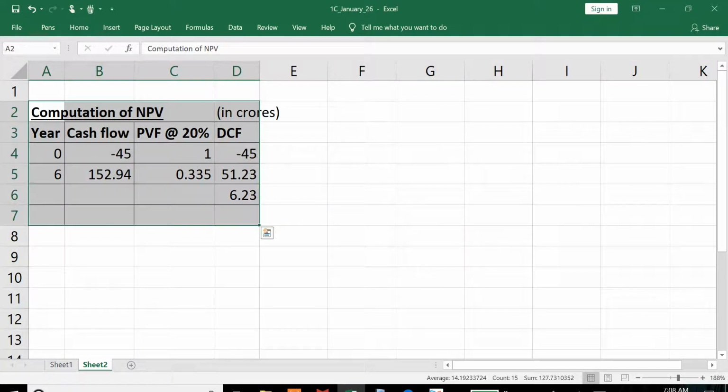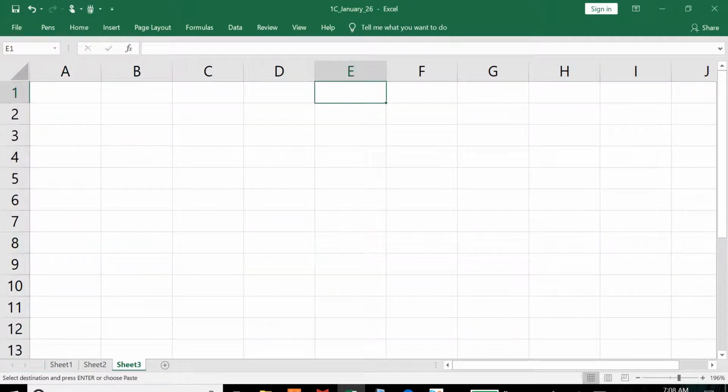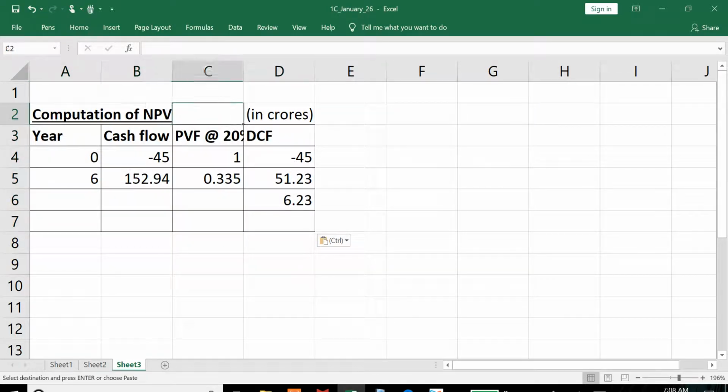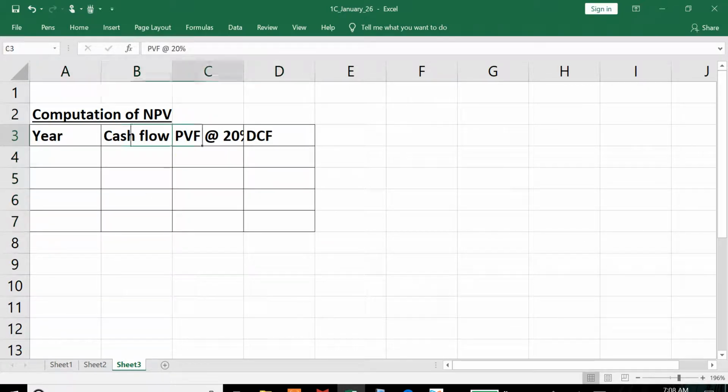Computation of NPV: year, cash flow, PVF, DCF. Discounting will happen at 15%.